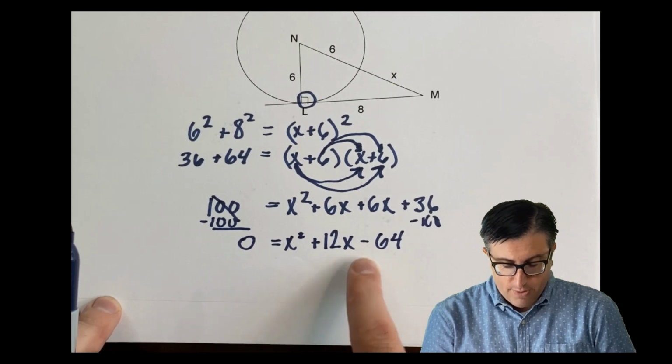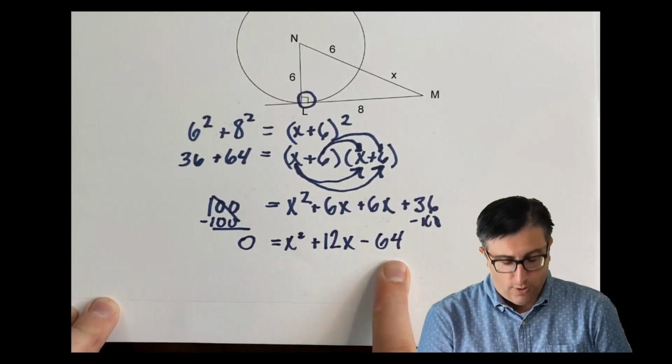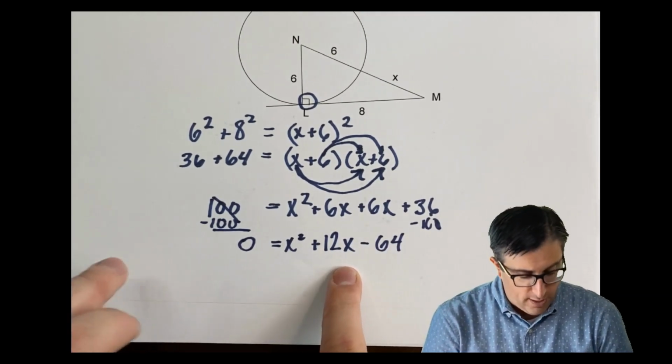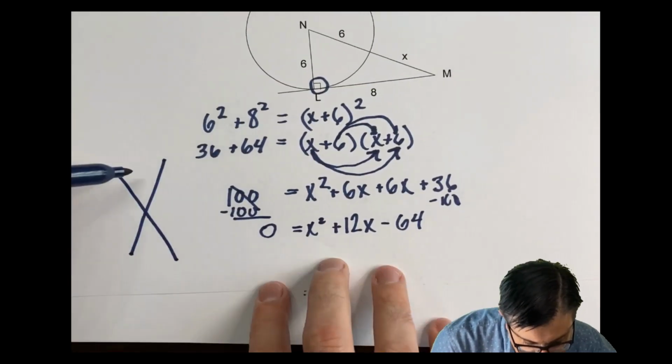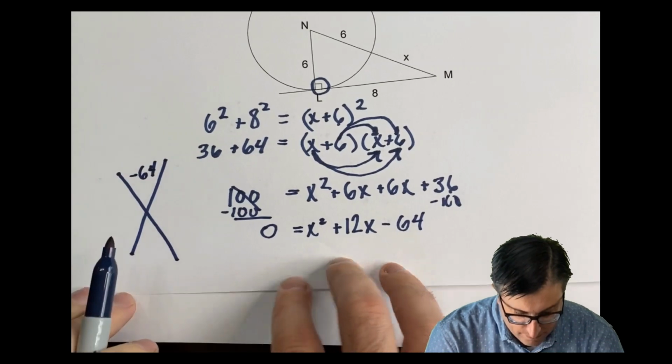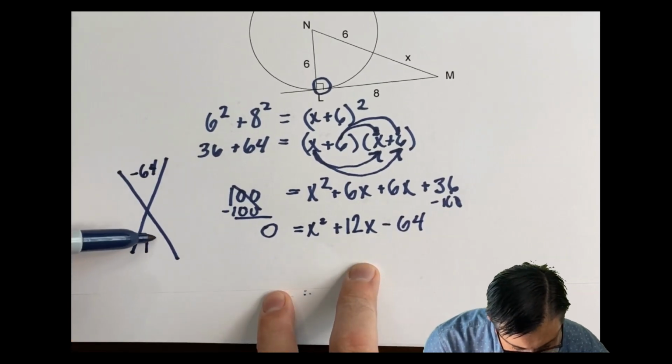I need to find numbers that multiply to be negative 64, but add together to be 12. So I'm going to set up my x factor. Negative 64 goes up top, 12 goes on the bottom.